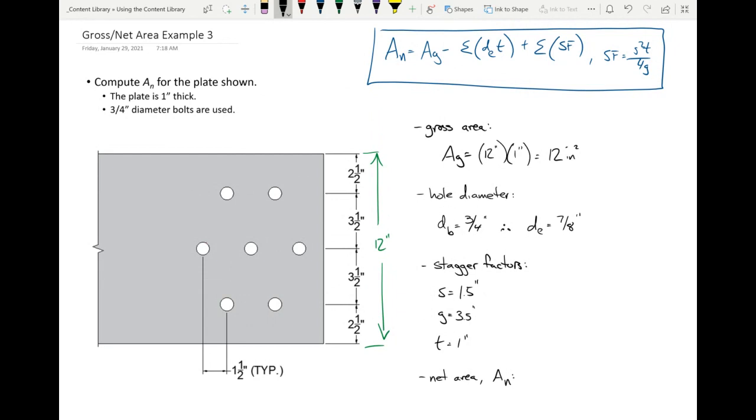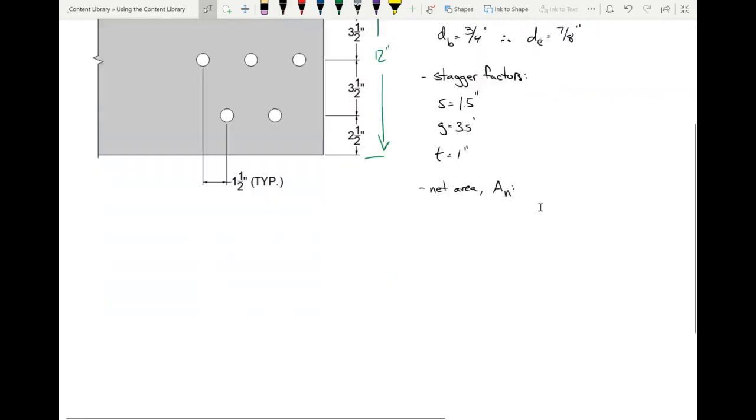I like writing it this way because on the homework you just turned in, we had a rolled shape with bolts going through both the flange and the web, so each of those bolt holes had different thicknesses. But in this instance, all the bolts go through a common thickness. So we can just compute the hole diameter times the thickness, which is 7/8 times 1, so that's 0.875 inches squared. Let's also go ahead and compute the stagger factor.